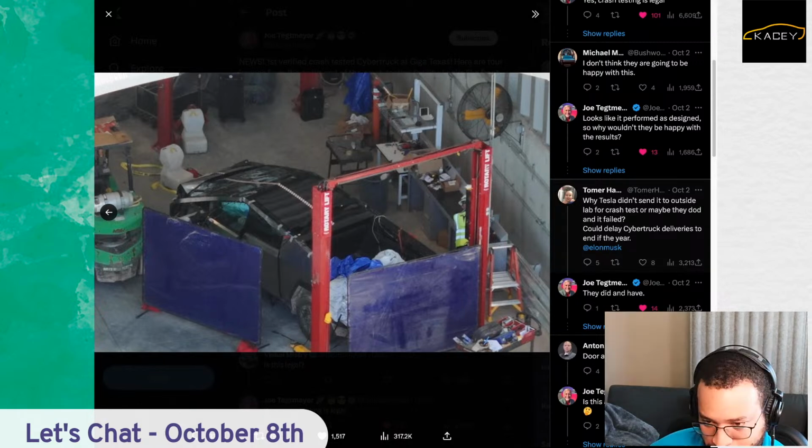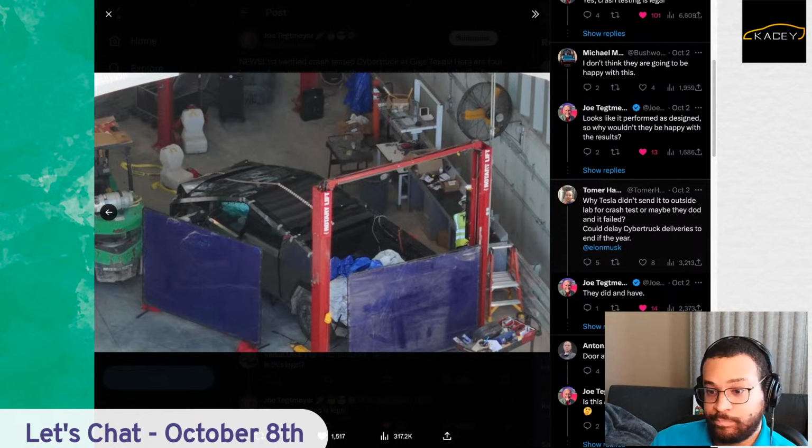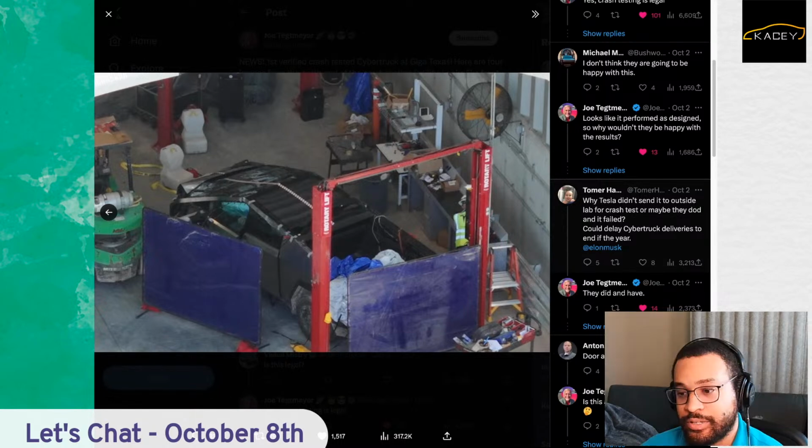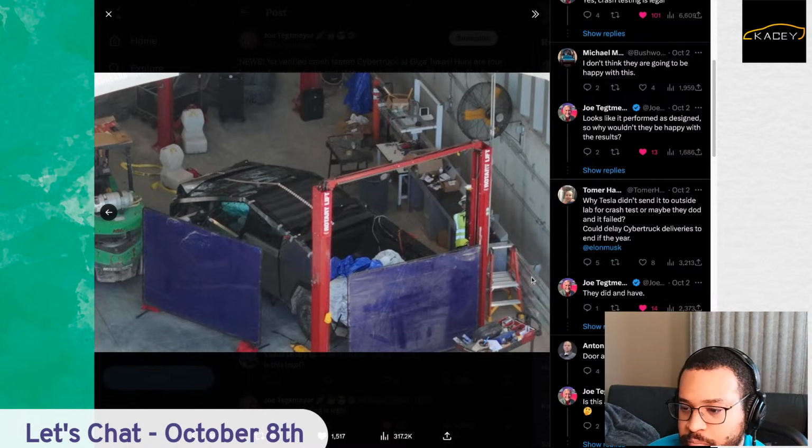That is likely what we're seeing here. Or this one could just be back from that test, and they're looking at the same place that they do their internal testing. We can't see the article numbers on the door to see if it was a Tesla number or a government number.